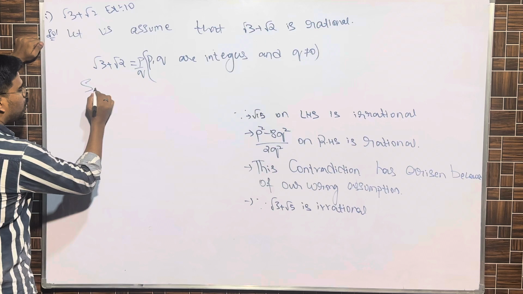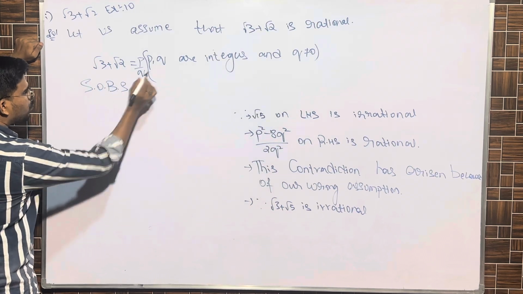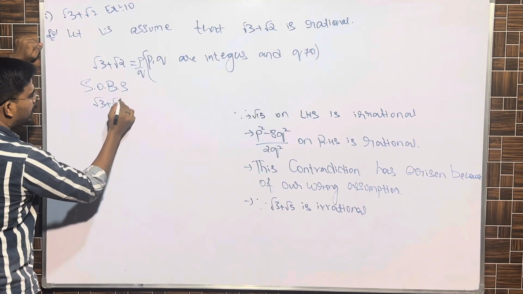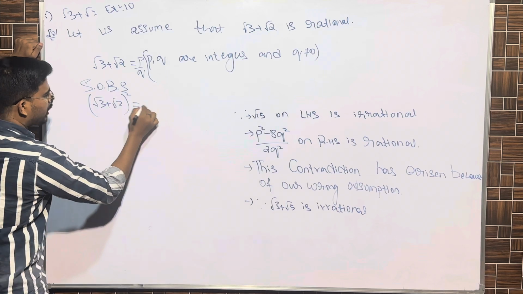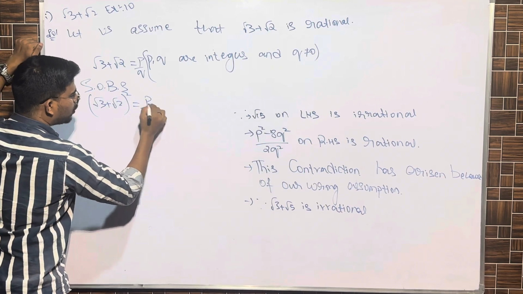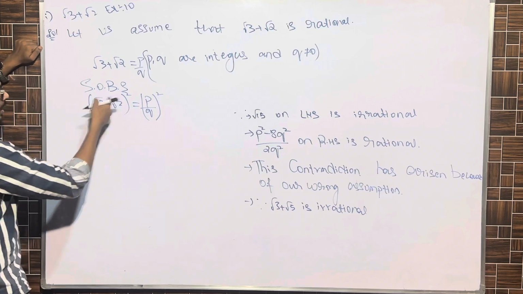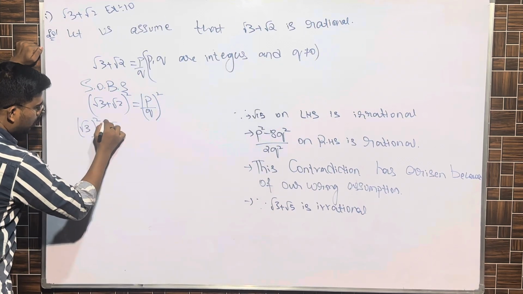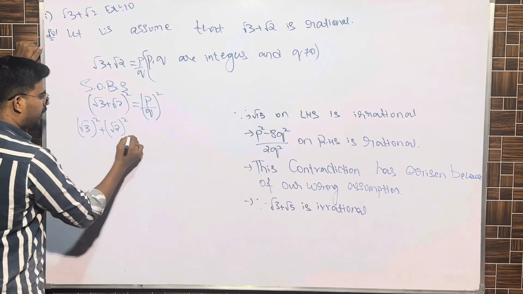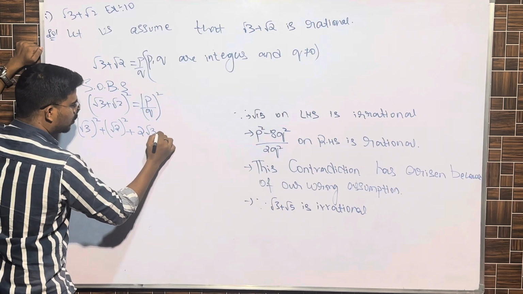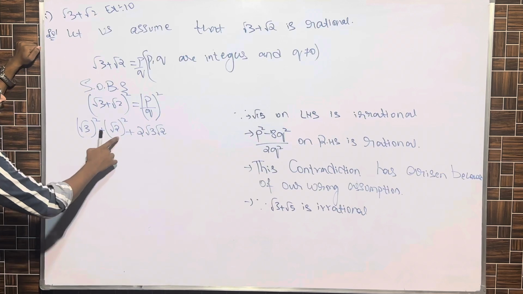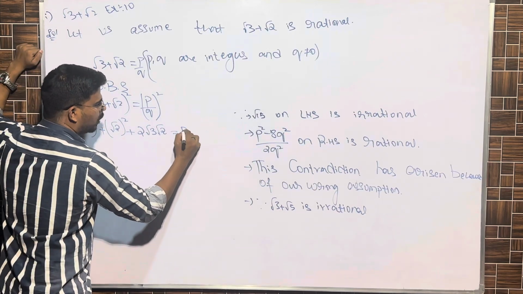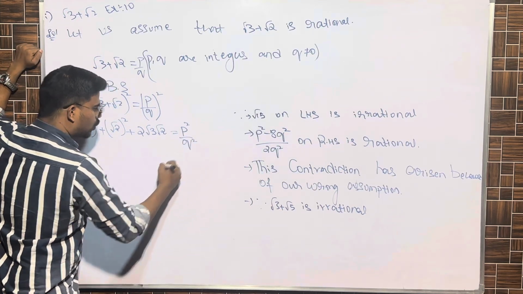Same step, squaring on both sides. Root 3 plus root 2 whole square is equal to p by q whole square. A plus b whole square is a square plus b square plus 2ab. Root 3 square plus root 2 square plus 2 root 3 root 2 is equal to p square by q square.